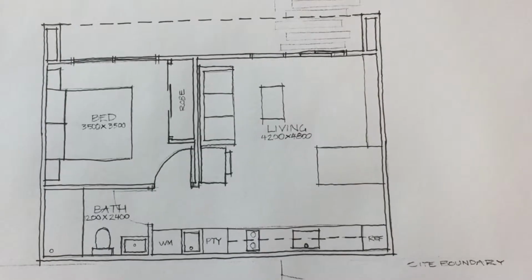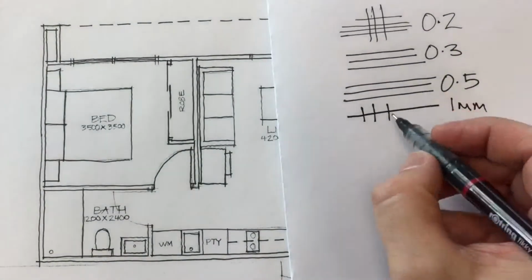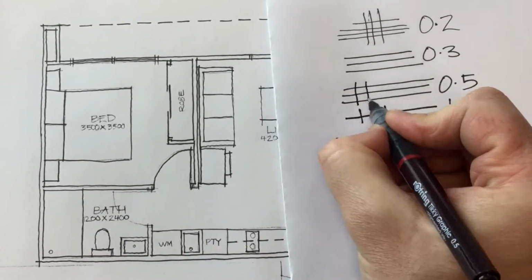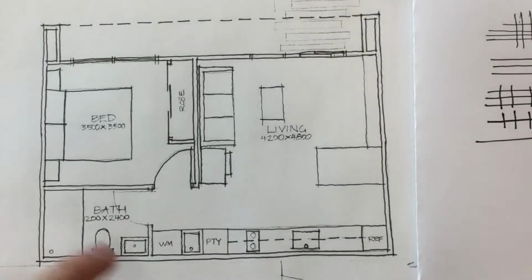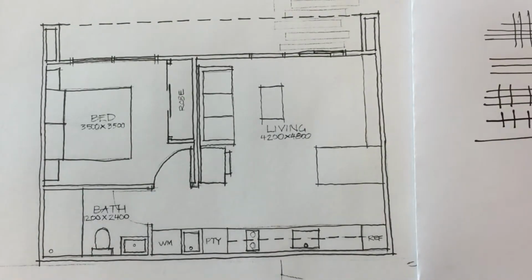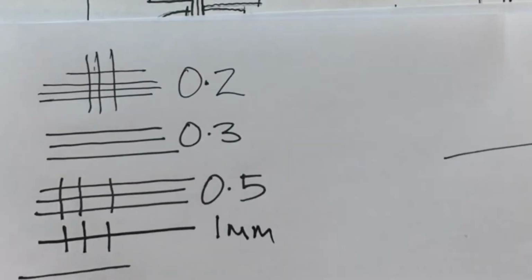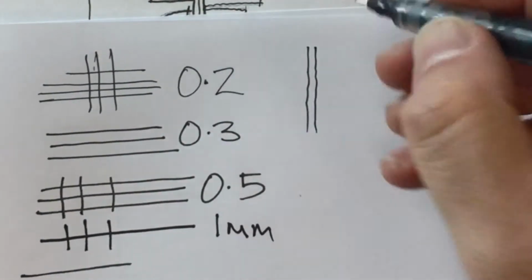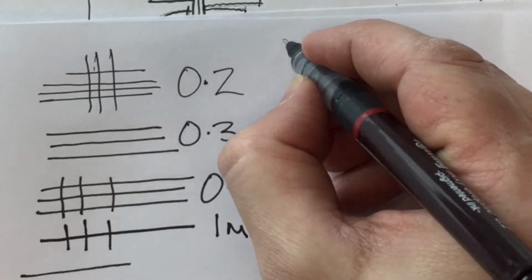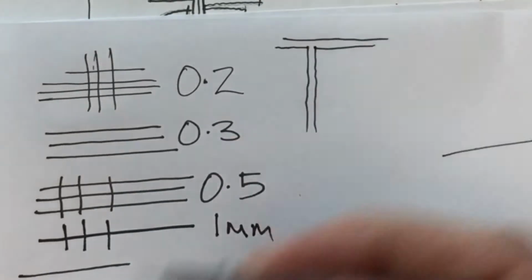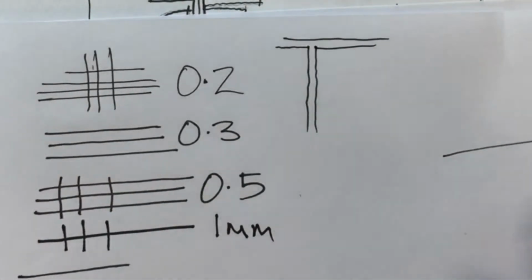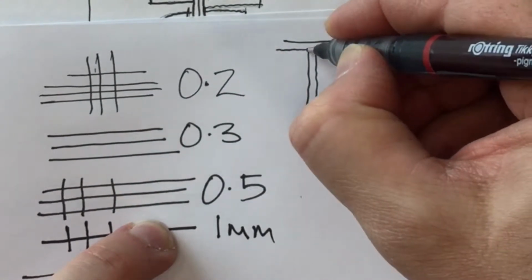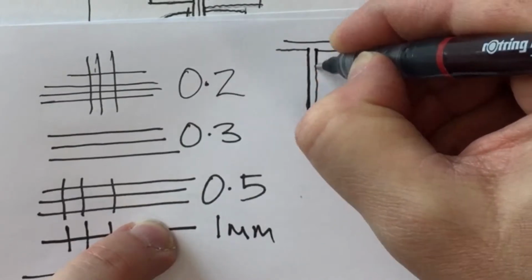Okay, so once I've gone through all that, what I'm going to do is now go over the walls in my 0.5 pen. So we want to really highlight what's happening here, and it's a good idea maybe to do a bit of a practice. So it might be good to draw some walls that you already have that you can practice on. So what we mean by backlining is then we're going to go over these walls to highlight them.